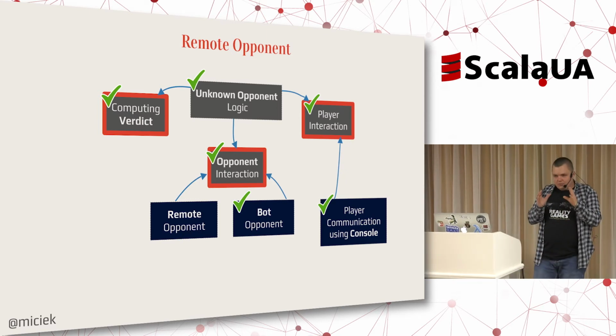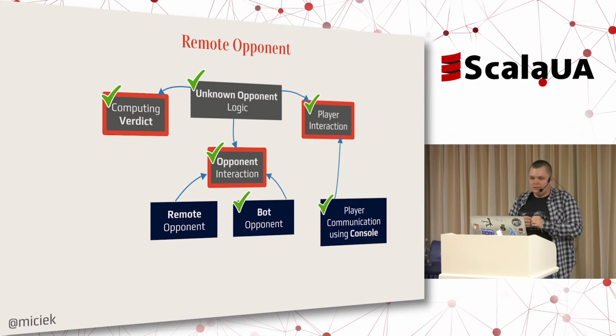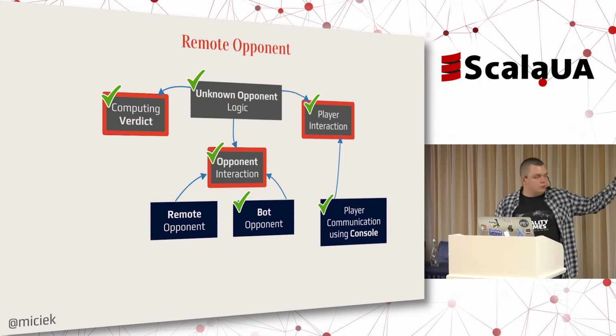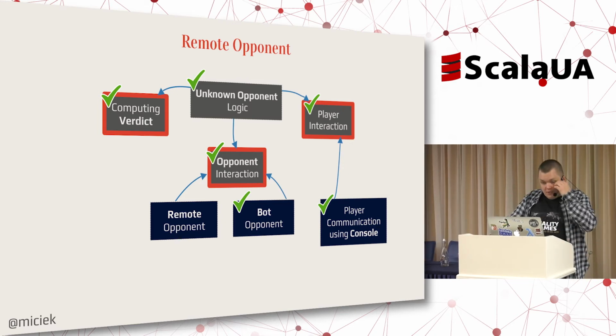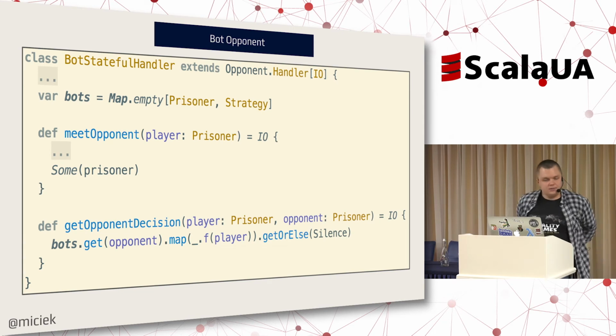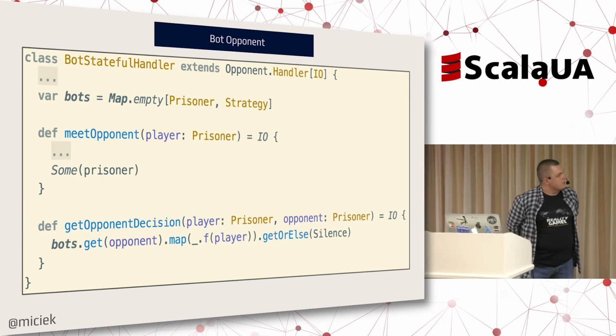And then let's focus on the main objective, which is the remote opponent. So what we wanted to do is to create a remote opponent, right? And on the side we created a matchmaking algorithm, but this doesn't concern what we have here. So we need to connect those two things. Again, this is how the bot stateful handler looks like.